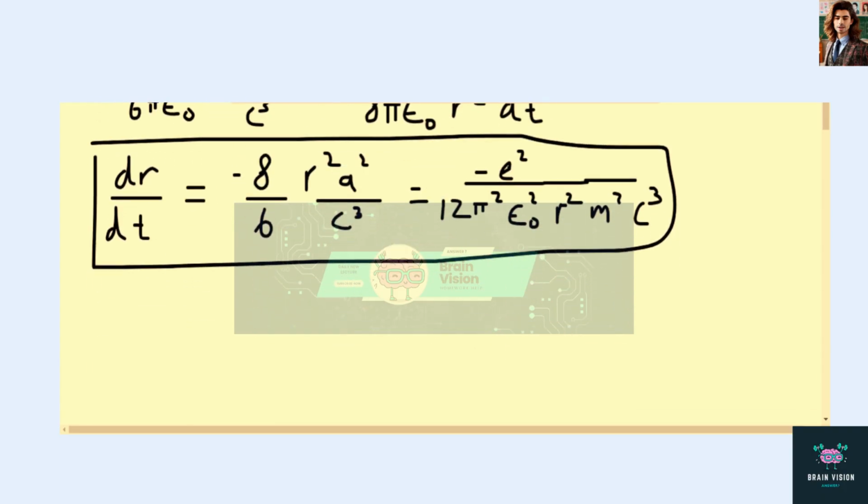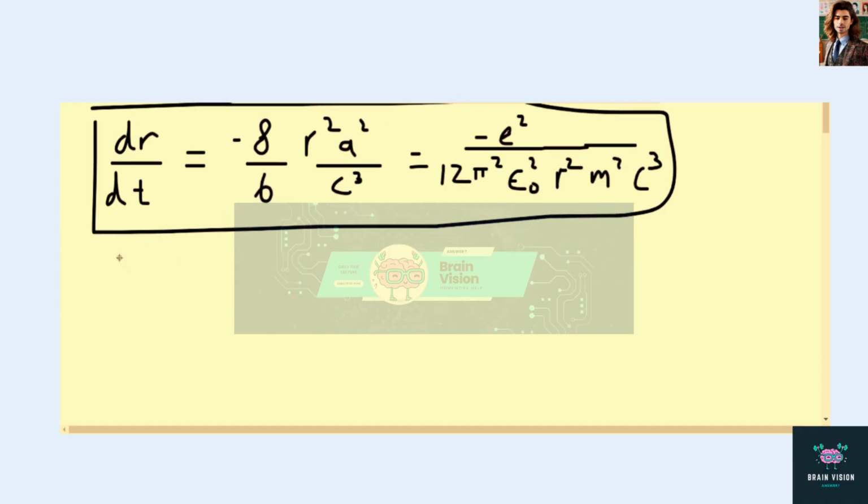For part B, we are asked to find the time interval over which the electron reaches the r equals 0 state, starting from r naught equals 2 times 10 to the minus 10 meters. So to do this, we're going to take the integral of dr/dt.